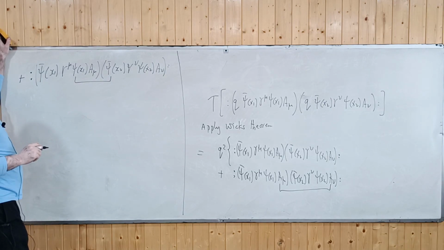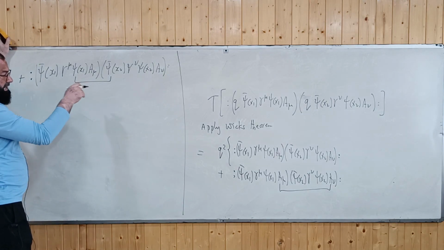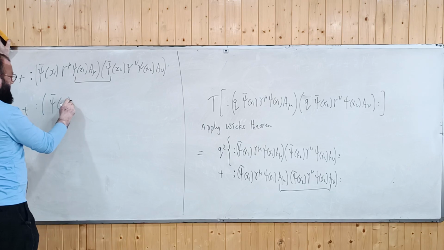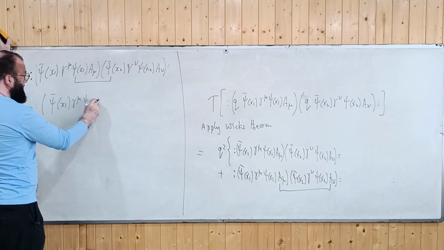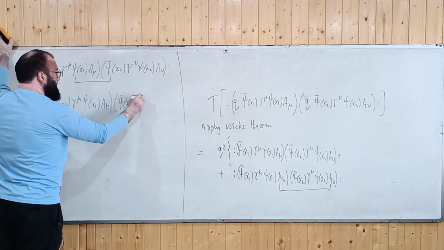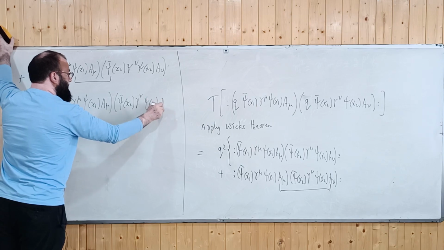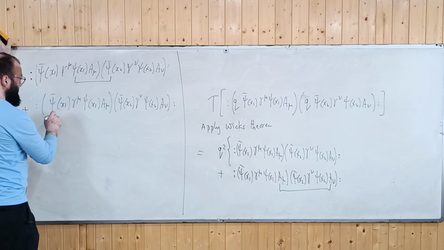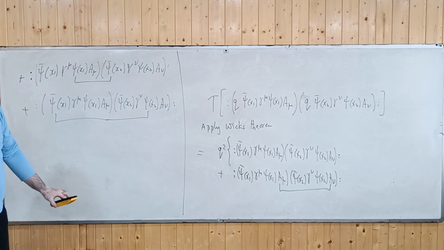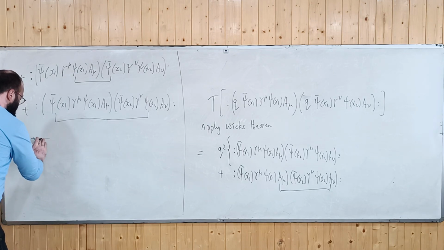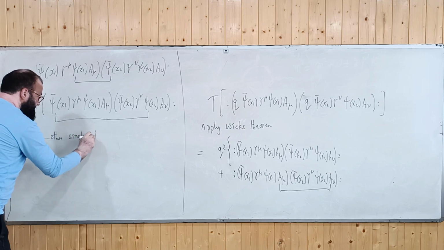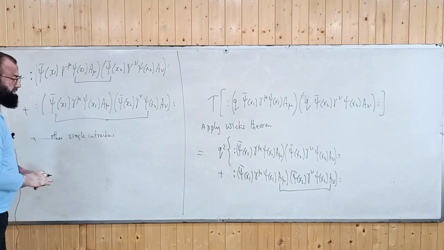A mu I have contracted. Now plus another single contraction, psi bar x1 gamma mu psi of x1 A mu, psi bar x2 gamma mu psi of x2 A mu. You can contract, let's say, this psi and this psi bar. Plus other single contractions. I will not write those out. So these are the single contractions.